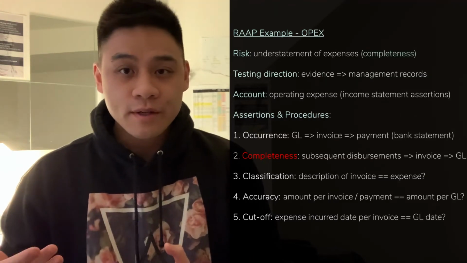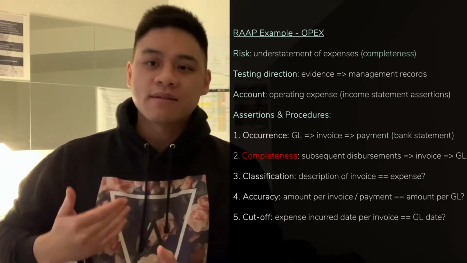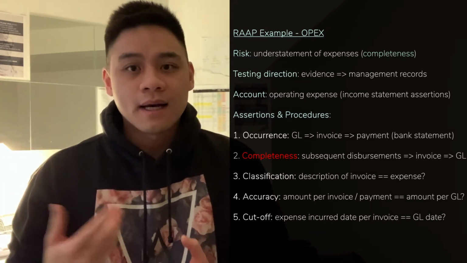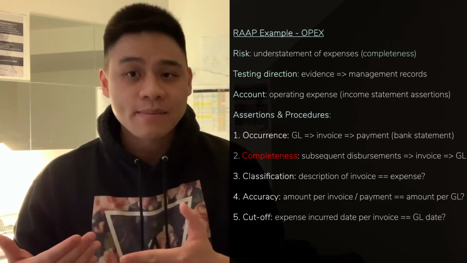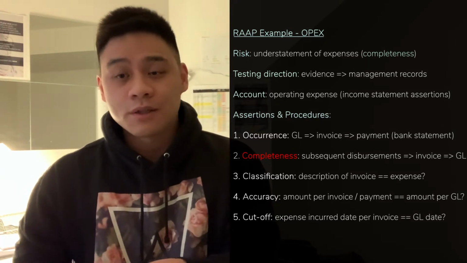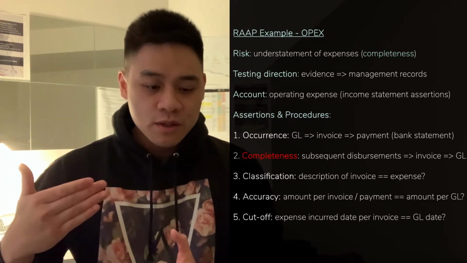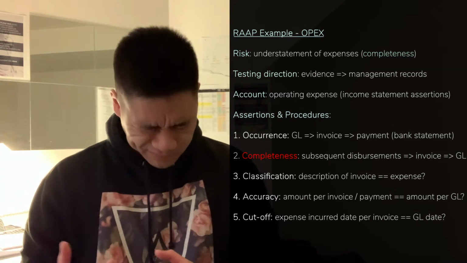So the risk is the understatement of expenses, because management has the incentive to make their income statement look stronger by showing that they are effective at managing their expenses by keeping them low to result in a higher net income. So our main assertion, or our assertion of interest, is completeness of expenses.